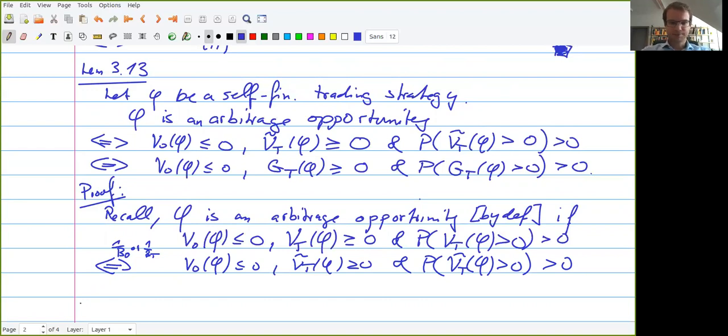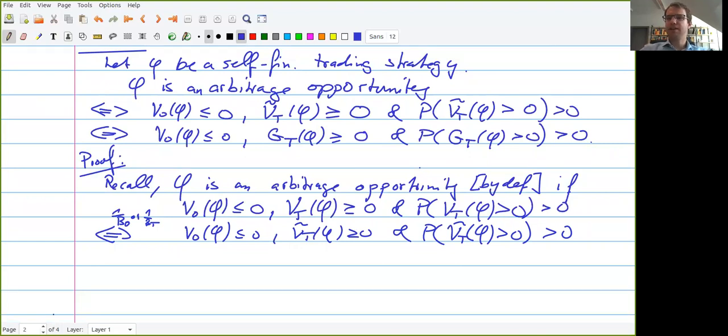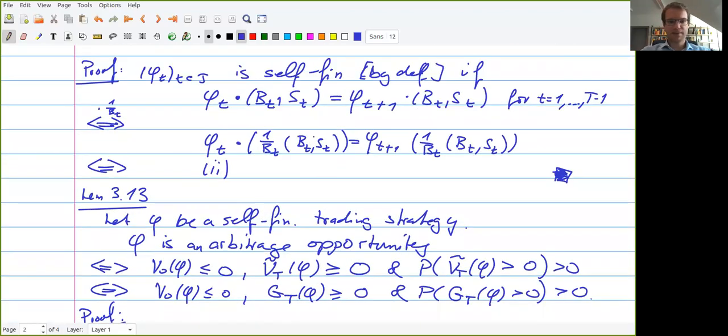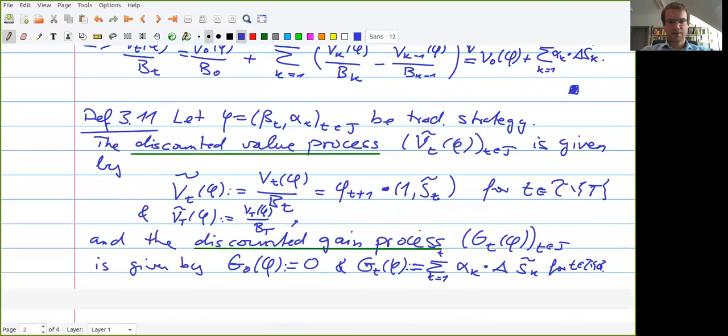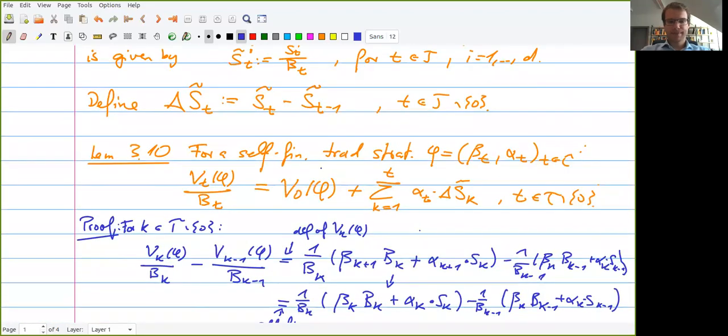And for the second one, we just need to relate the discounted value process with the discounted gain process G. And well, as we have here a self-financing trading strategy, we can apply our last lemma, lemma 3.10, which tells us, let's go back, that's this one here.